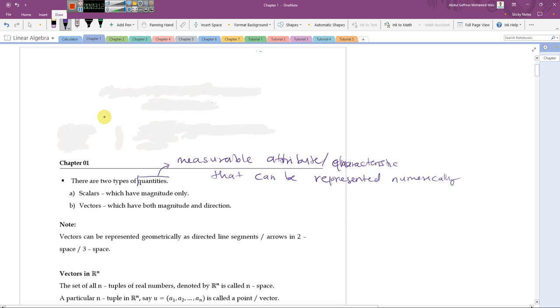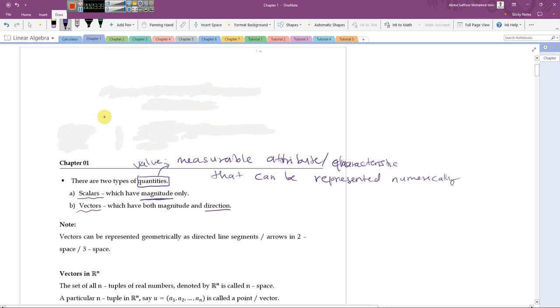We can say it's just a value. Typically we have 2 types of quantities. First one is scalar and the other one is vectors. Scalar means it has only magnitude. Magnitude means value, so it has only value. But vectors have both magnitude and direction.